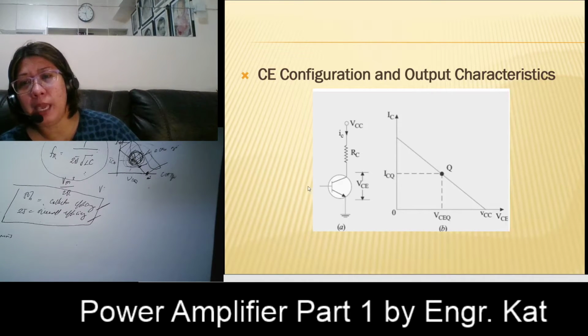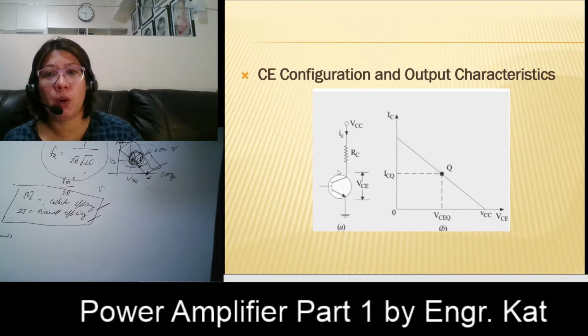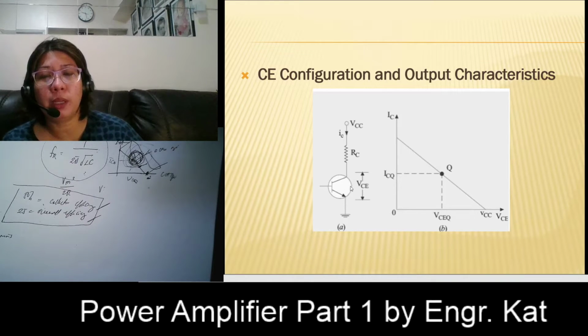It is at the base that we place the input signal, but our main concern here is not really the input AC signal, but rather your DC input power, and then, from that DC input power, what will be the power converted into AC at the collector part of your circuit.